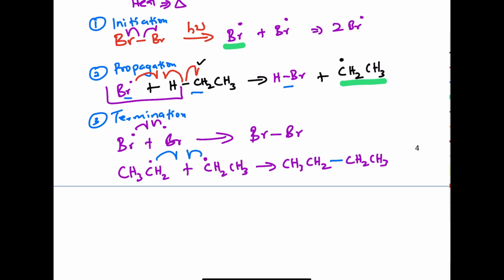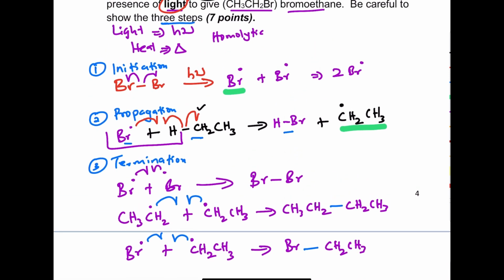And then lastly, you could have the bromine radical now reacting with the ethyl radical, again, 1 half-headed arrow, and you end up with the bromine forming a bond with the CH2CH3. And that will be the full mechanism for that reaction.